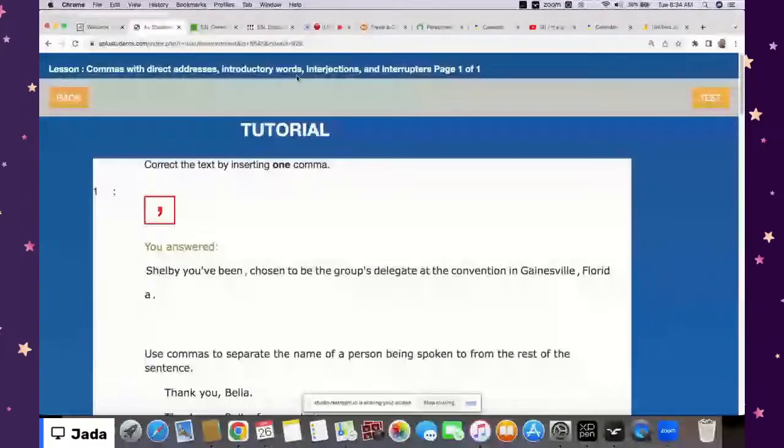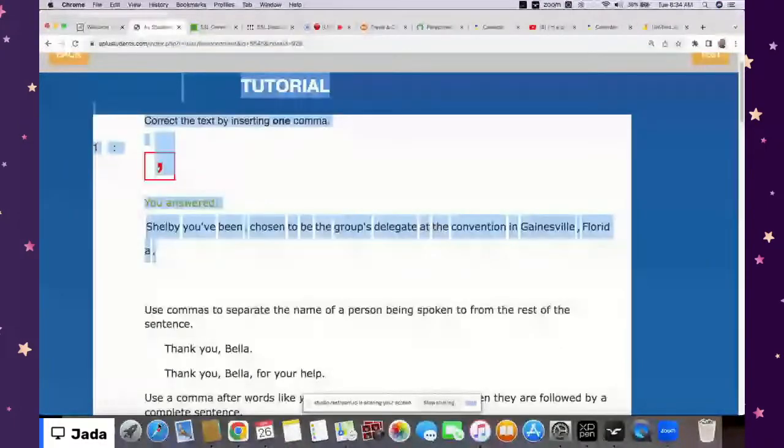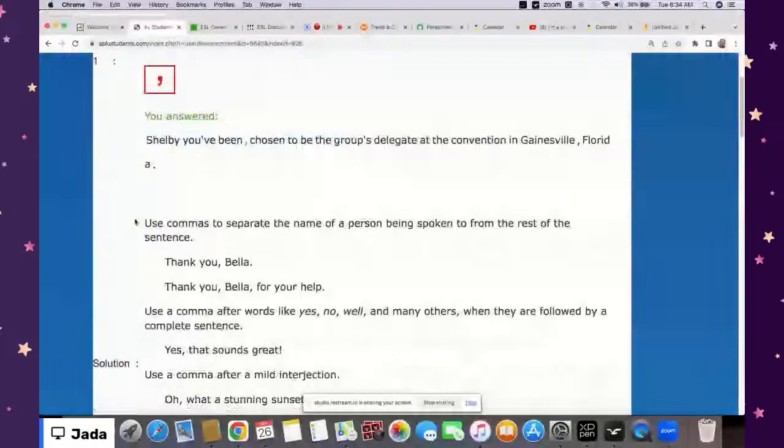First of all, we use commas to separate the name of a person being spoken to from the rest of the sentence. So if you have the name of a person in a sentence, you need to use a comma to separate it from the rest of the sentence. So, "Thank you, Bella." We have a comma before Bella. "Thank you, Bella, for your help."